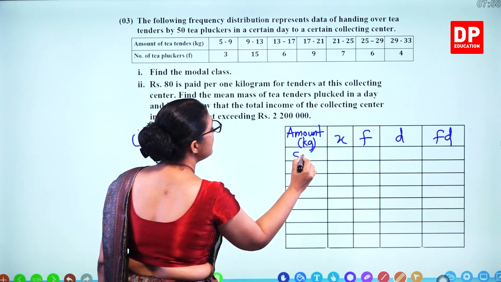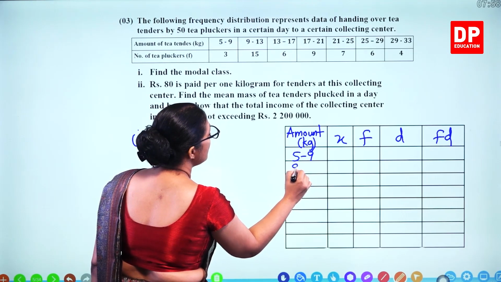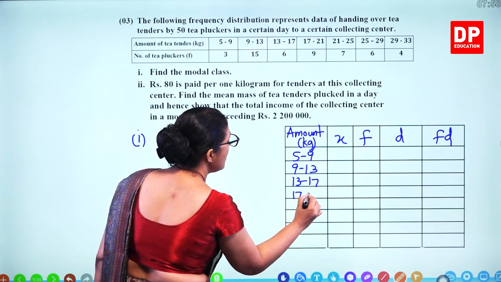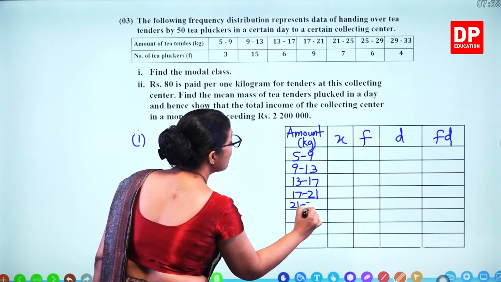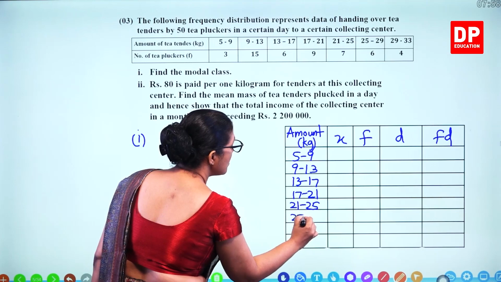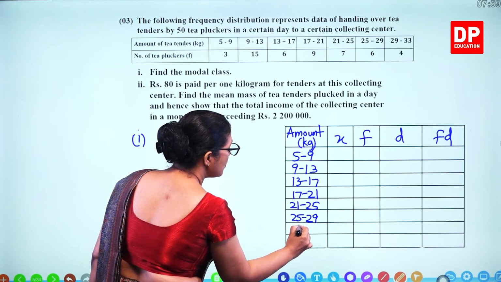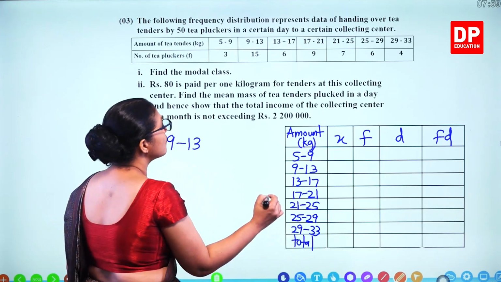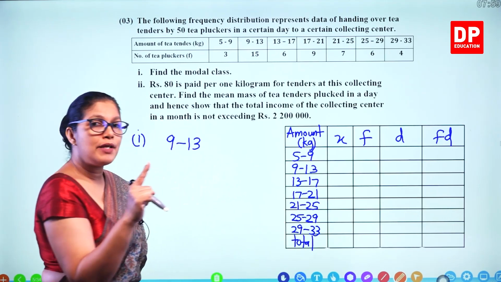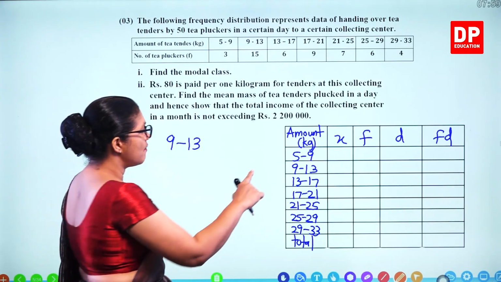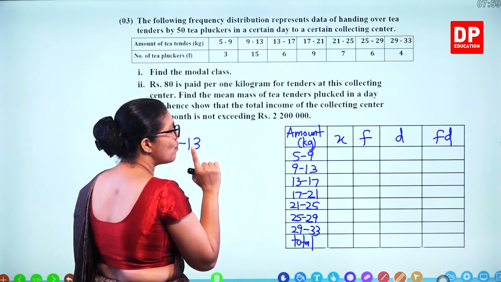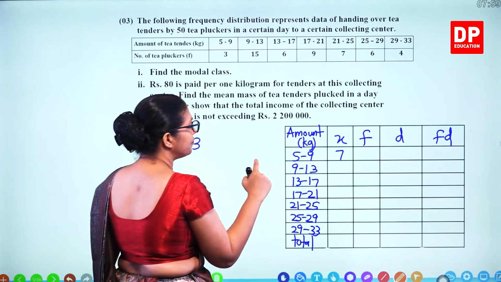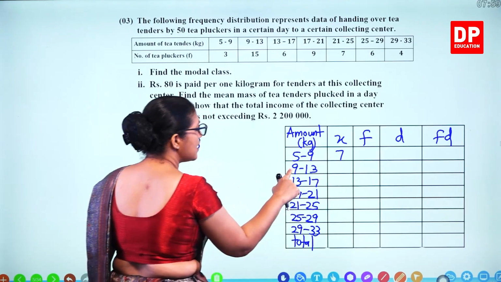So 5 to 9, 9 to 13, 13 to 17, 17 to 21, 21 to 25, 25 to 29, 29 to 33. That's the total then. The X value is how you find the mid values: add the values and divide by 2. 9 plus 5, 14, divide by 2, 7.